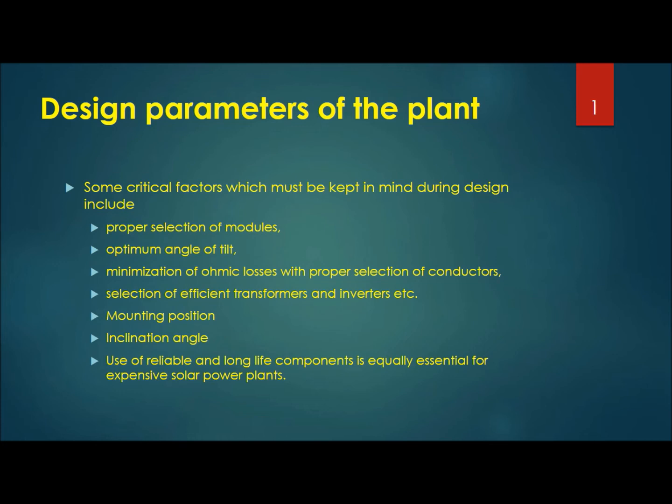Some critical factors which must be kept in mind during design include proper selection of modules, optimum angle of tilt, minimization of ohmic losses with proper selection of conductors, selection of efficient transformers and inverters, etc. Use of reliable and long life components is equally essential for an expensive solar power plant.